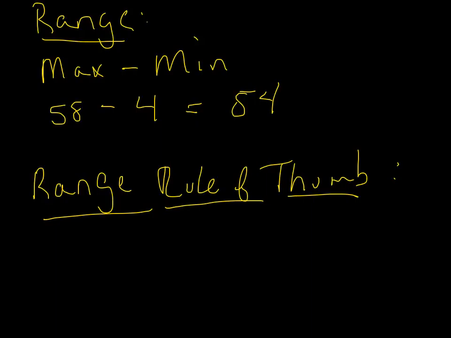So we know our range is 54, and the range rule of thumb tells us to divide that by 4, and that'll give us an estimate of the standard deviation. So 54 divided by 4 is equal to 13.5.